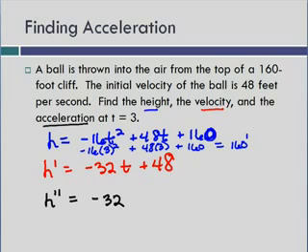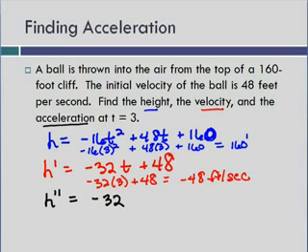All right, now we're going to plug in the 3 into the first derivative, or the velocity function. And when we simplify that, we get negative 48, and that's the change in the feet with respect to time. So it's negative 48 feet per second.